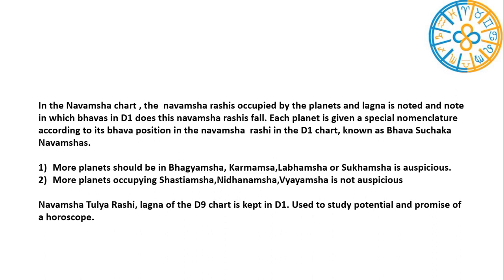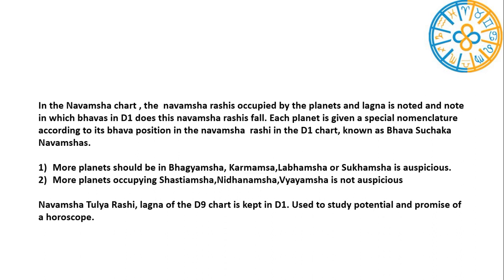Then we post the Navamsha Rashis in relation to the D1 chart, and we see where the Navamsha Rashis are falling in relation to the D1 chart. It will be very clear once we take a practical chart.